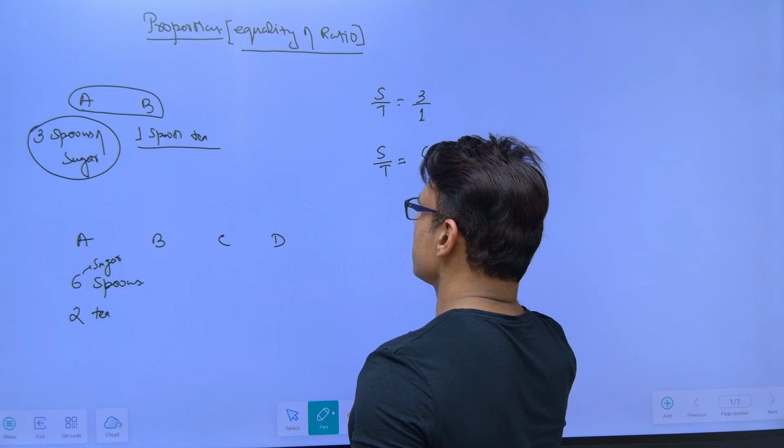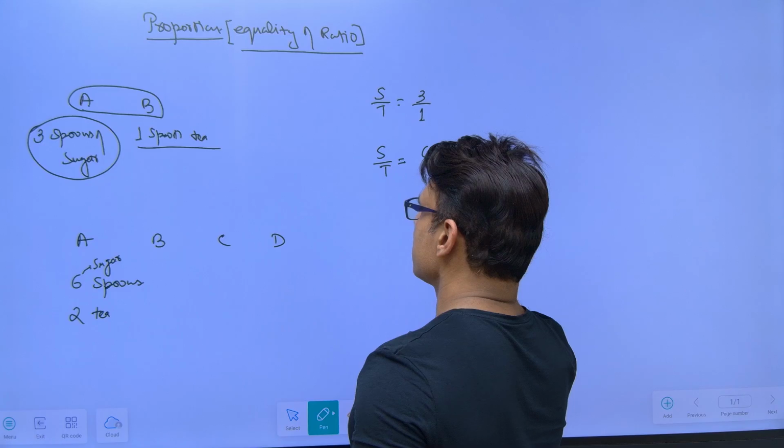So when we say there are 4 numbers A, B, C, D, and there is some proportion, let A, B, C and D be in proportion. Then how do you write it?